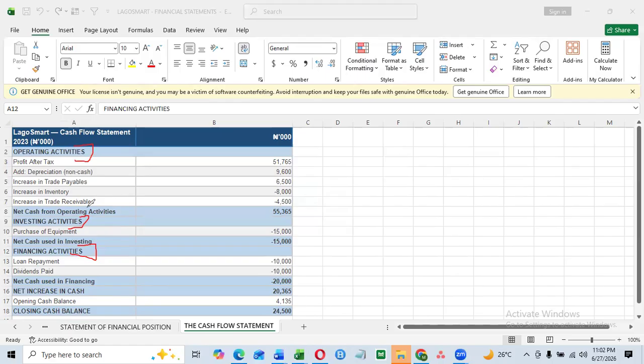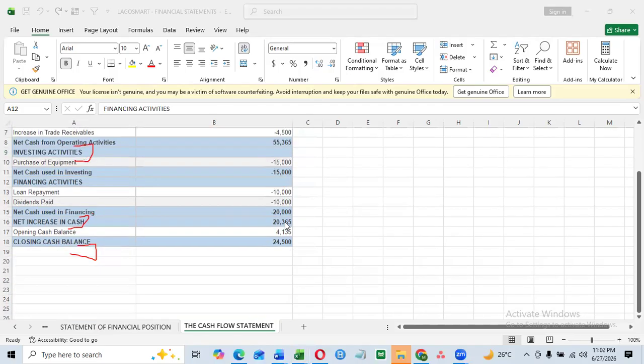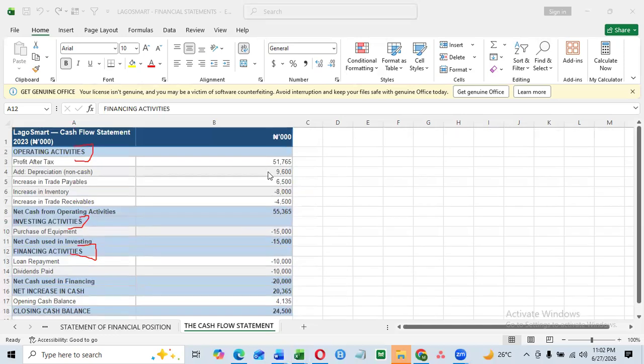Now, if you look clearly here, you will find out that LagoSmart made a profit after tax of 51.765 million. But their operating cash flow is what? 55.36 million.